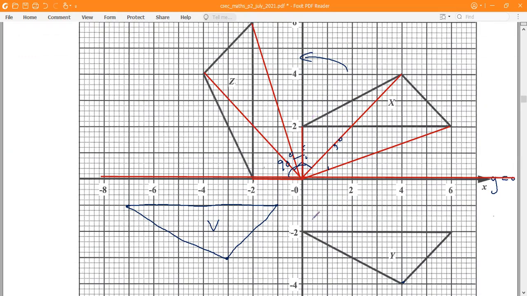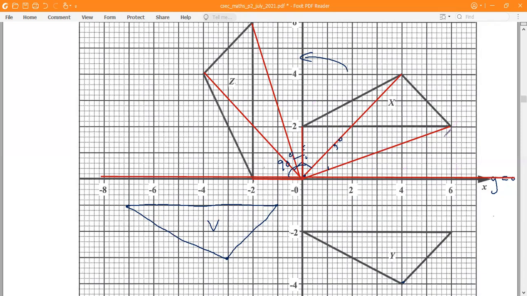So what we're doing is we are starting from 0, 0 and moving out from the origin to find the coordinates of each of these points of the triangle. We have 1, 2, 3, 4, 5, 6 to the right and 1, 2 up.